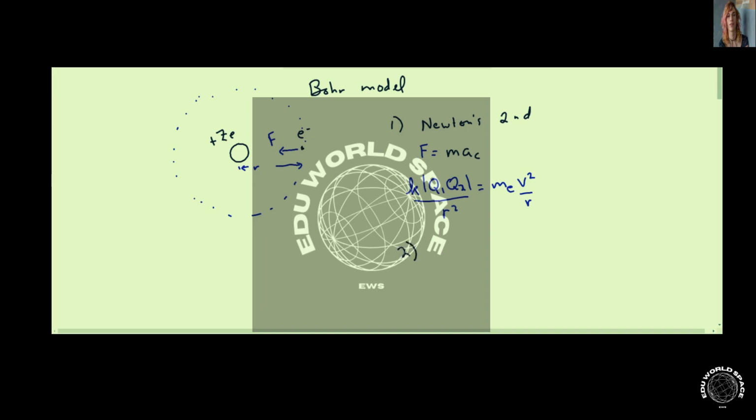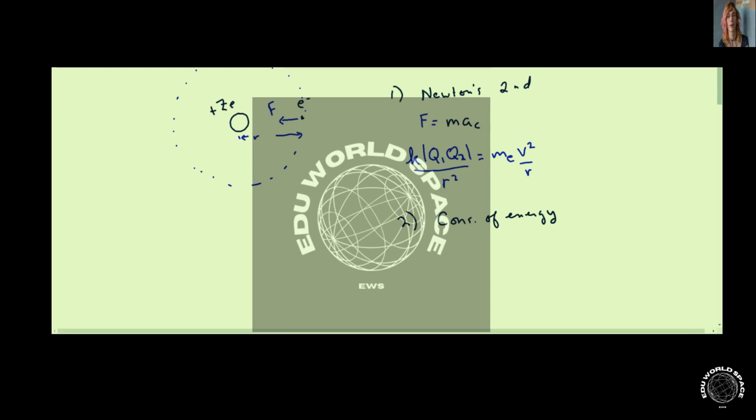The second part that goes in is just simply conservation of energy. So you could really do these two parts for any central force. The kinetic energy plus the potential is equal to the total. And here we're talking about electric potential.